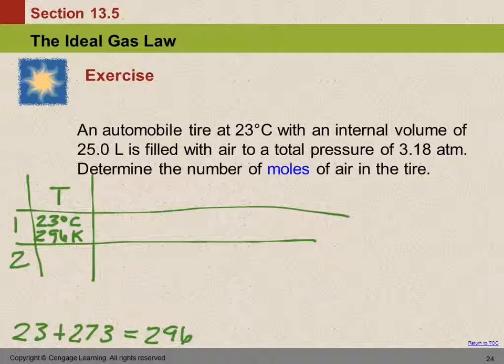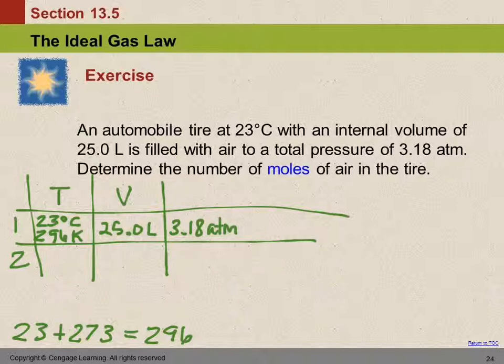We go on, the next number is 25.0 liters. And it says volume of, so that's a good clue that this is our volume column. Filled with air to a total pressure of, here's the next number, 3.18 atmospheres.